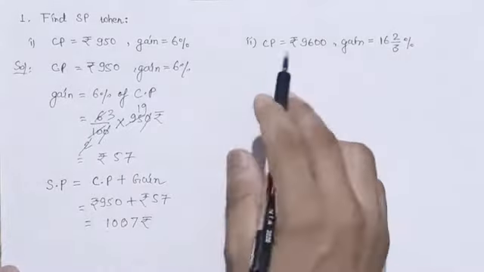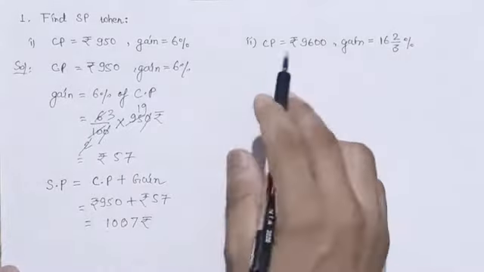Here we have given cost price 96,000. Solution. Cost price is rupees 9600 and gain is 16.2 by 3%. 16.2 by 3 means 3 into 16, 48, 48 plus 2, 50.